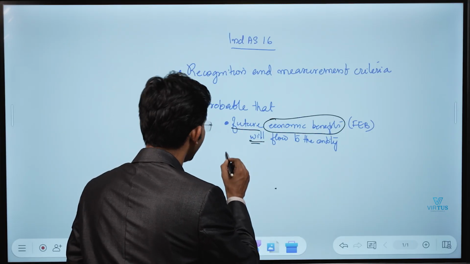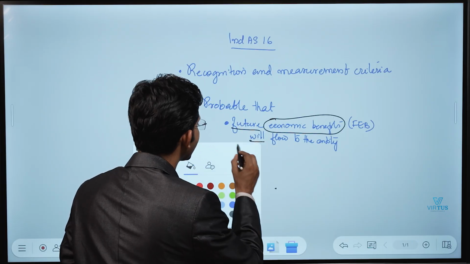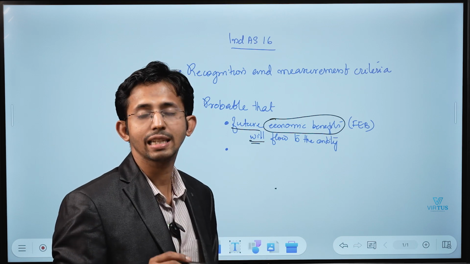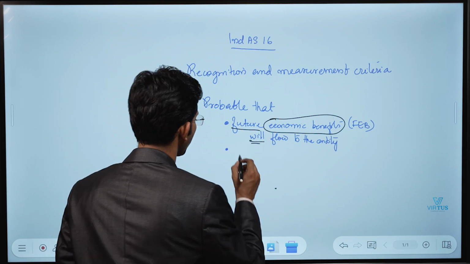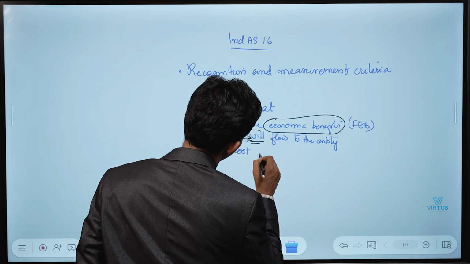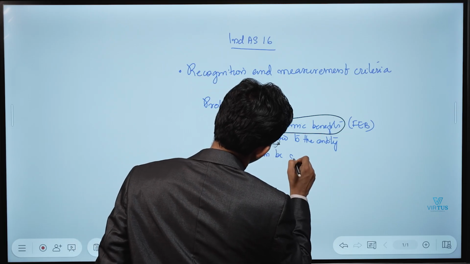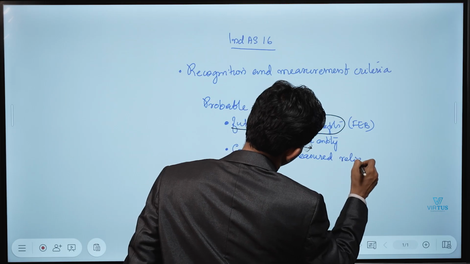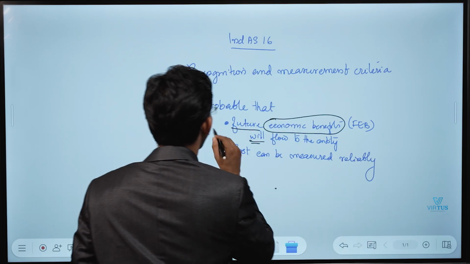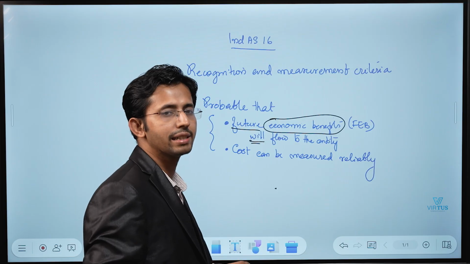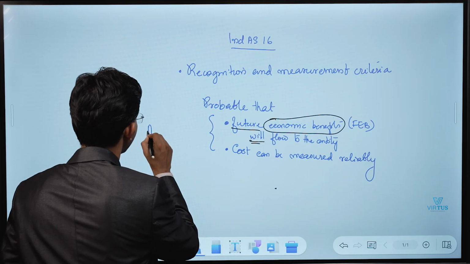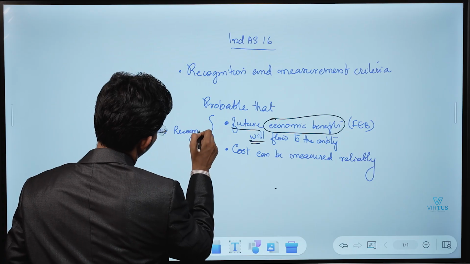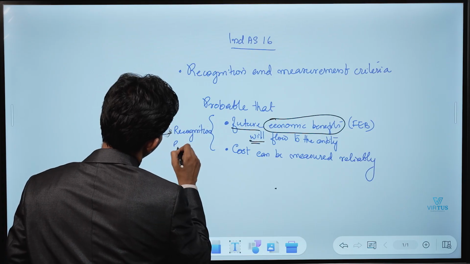That is the first condition. What is the second condition? The second condition is also very important. That is, the cost of the asset can be measured reliably. I would call these two the asset recognition criteria.